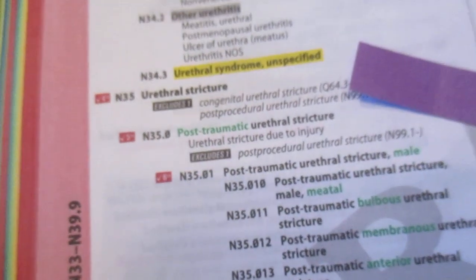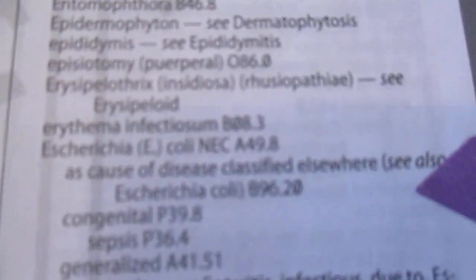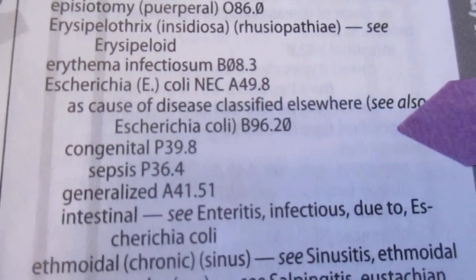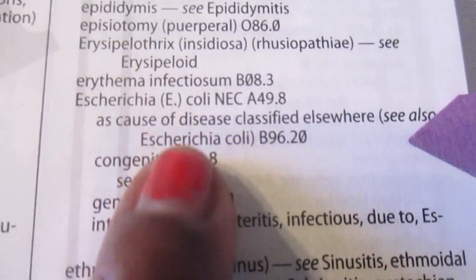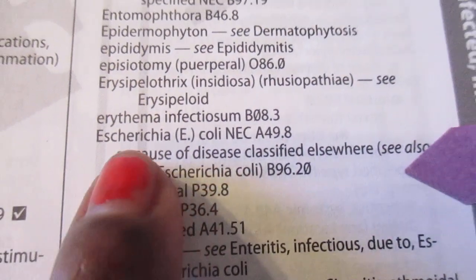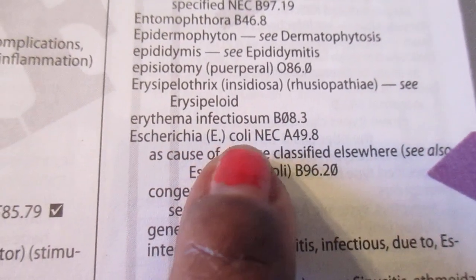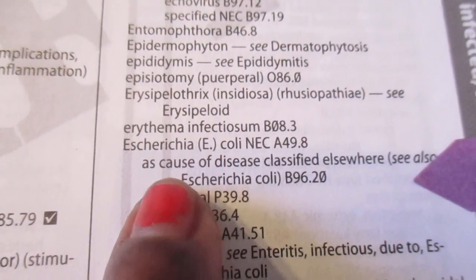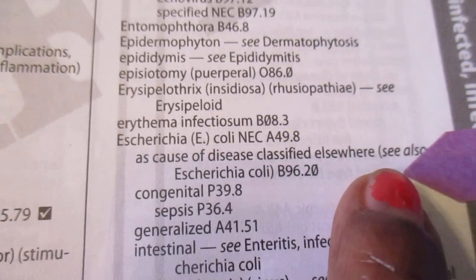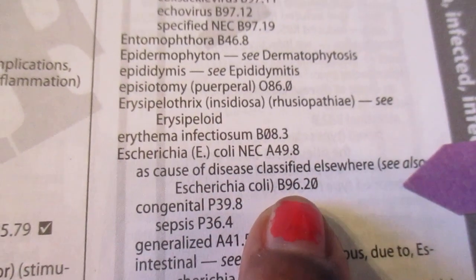So in order to identify the E. coli, I need to go to an infection. And E. coli stands for, and here it is right here. That's what E. coli stands for, E. coli right there. But as the cause of disease classified elsewhere, B96.20.